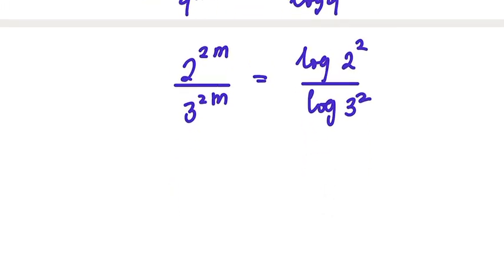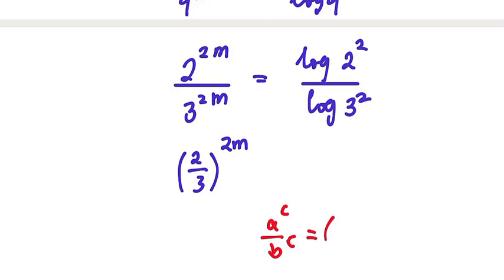We're going to have 2 over 3 raised to 2m. That is from the law of indices: when you have a over b, where a is raised to the power of c and b is also to the power of c, this can be a over b, then all to the power of c. Understood? And that's what we did over there.